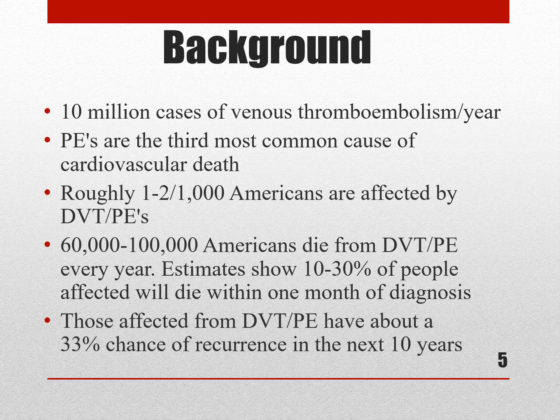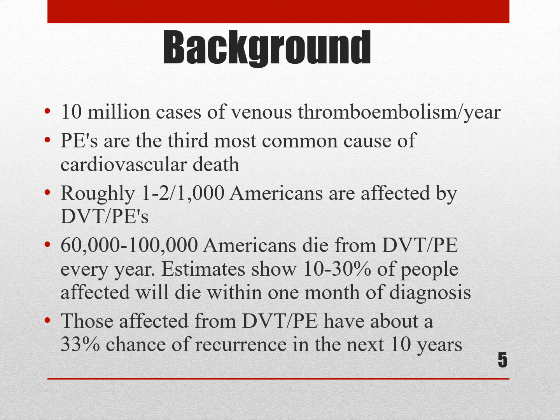So some background information on DVT and PEs. There's a significant amount of blood clot diagnosis a year here in the US, about 10 million cases. PEs are extremely dangerous as they're the 3rd most common cause of cardiovascular death. And some other stats for you.